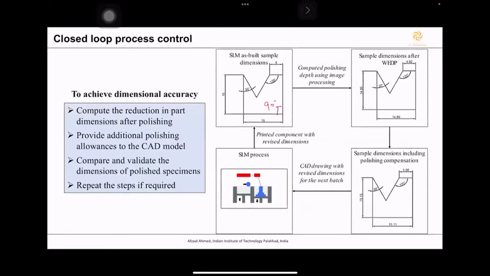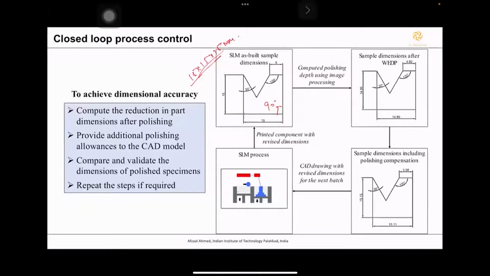This is my first sample which I've printed using metal additive manufacturing. Then I've taken this sample for polishing. After polishing, the sample dimensions have reduced. By the way, this sample is 15 mm by 15 mm by 15 mm. Definitely we are removing a very, very small thin layer of material from the sample, so these dimensions may reduce, which has already been reduced.